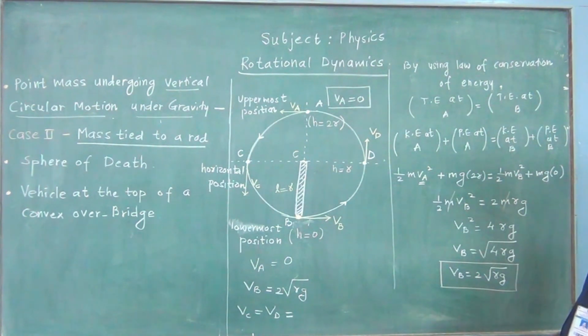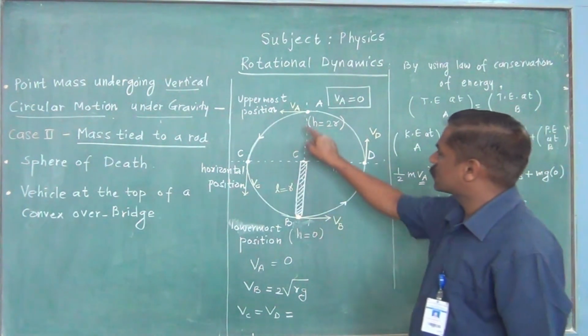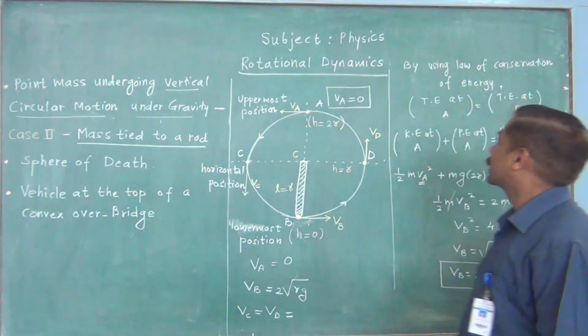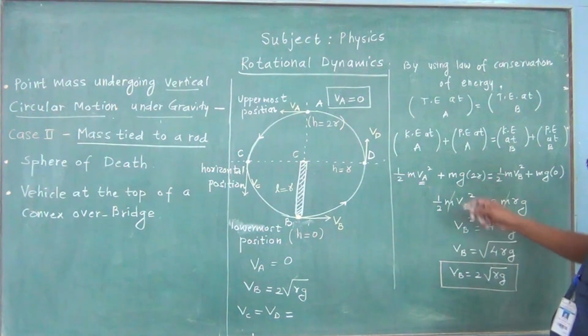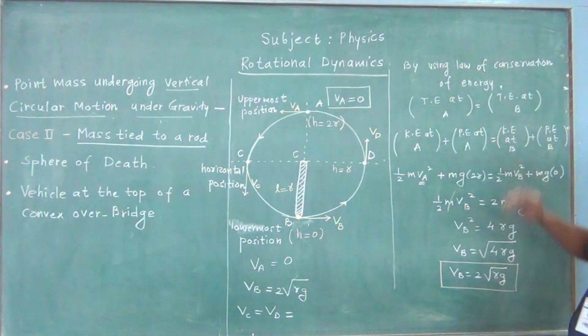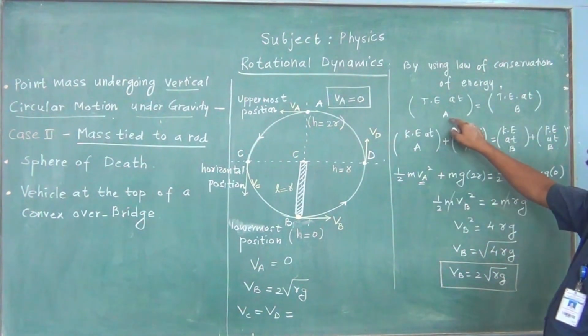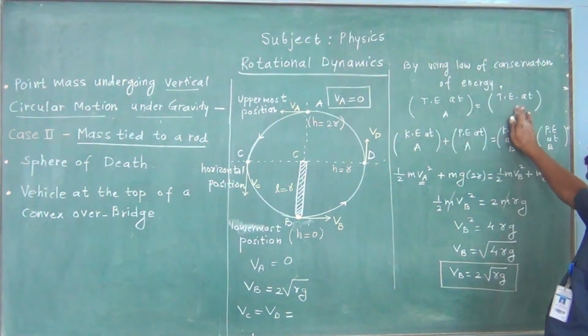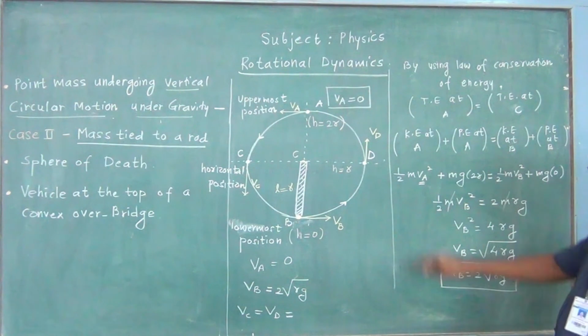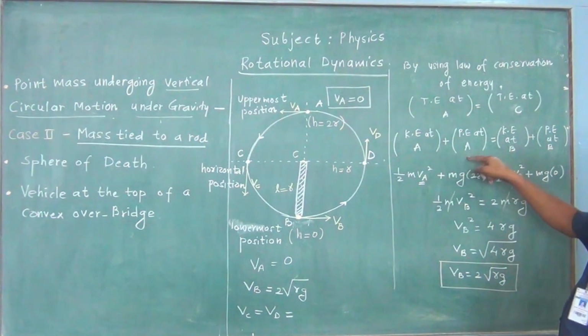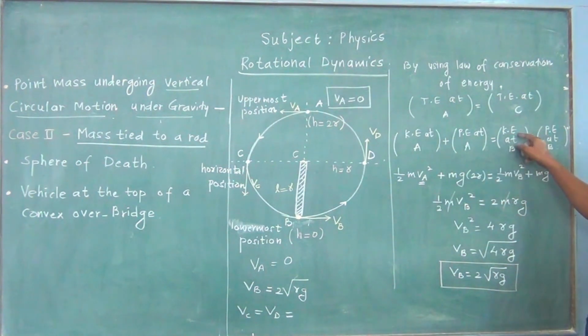Now we are thinking about the two positions, suppose A and C. By using the law of conservation of energy, total energy at A is equal to total energy at C. Total energy at C is nothing but kinetic energy at C plus potential energy at C.